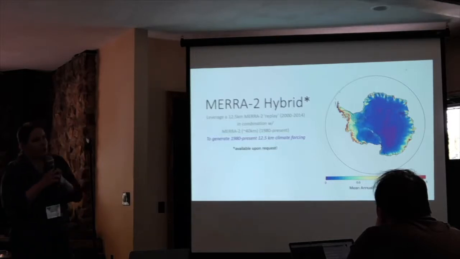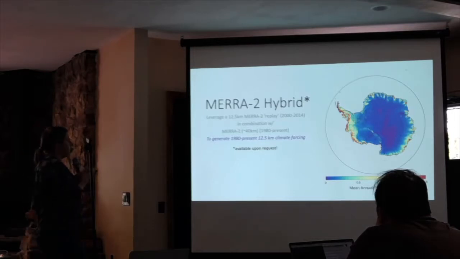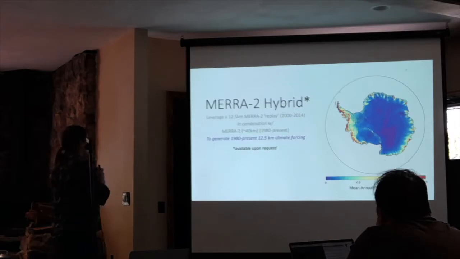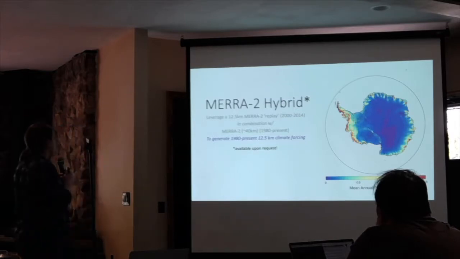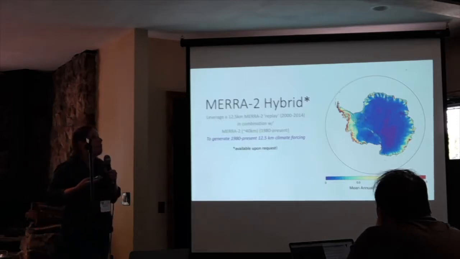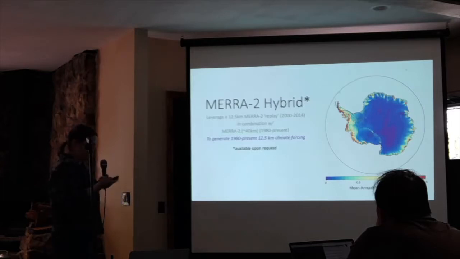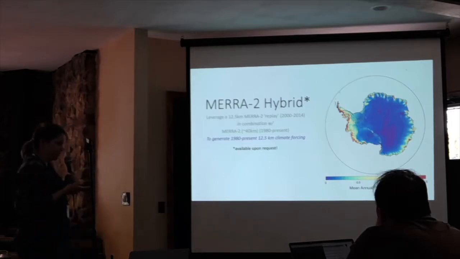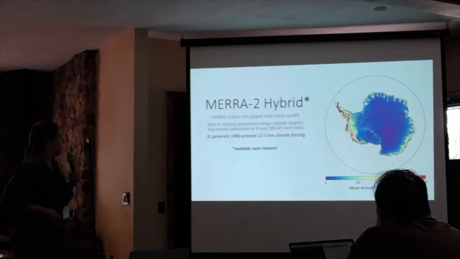We use this in combination with the full time series MERRA-2, which is, depending on where you are, about 40 kilometer resolution. So not necessarily ideal, but it lets us generate this hybrid product to get a much better spatial picture of precipitation, melt and temperature. So please contact me if you want to look at it or use it, not just look at it.